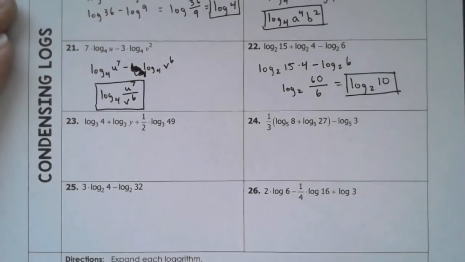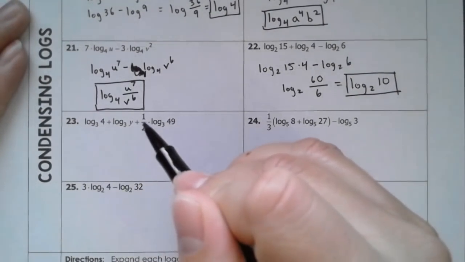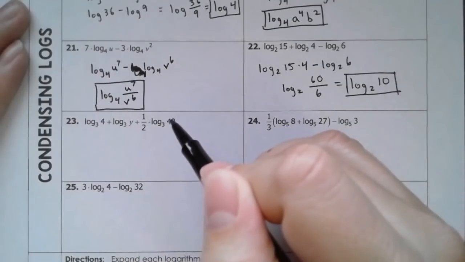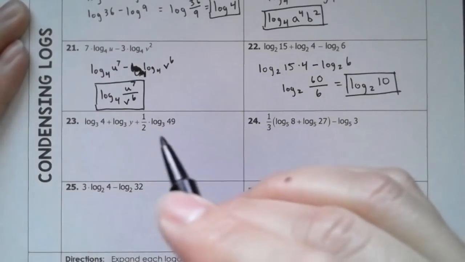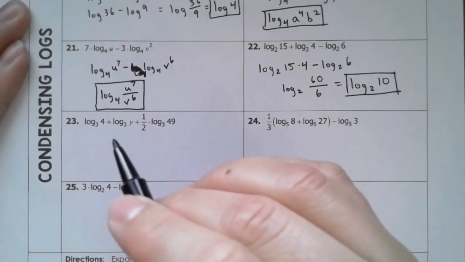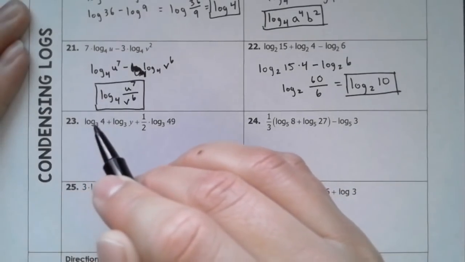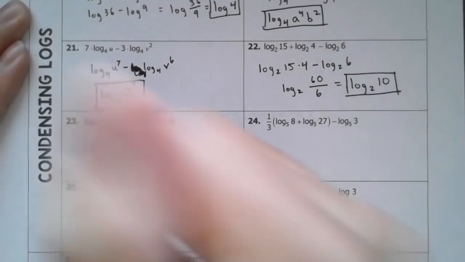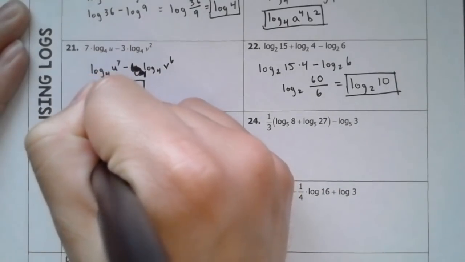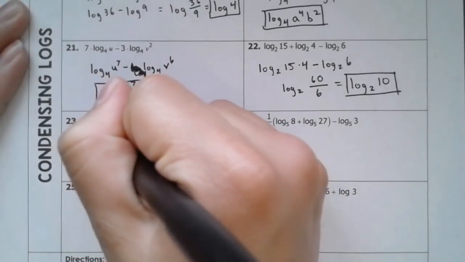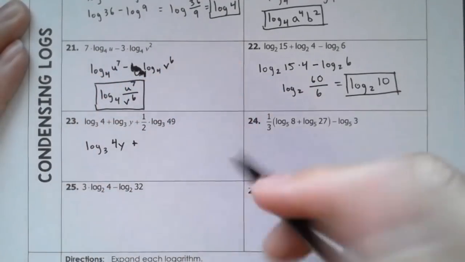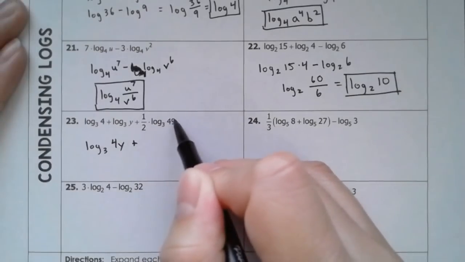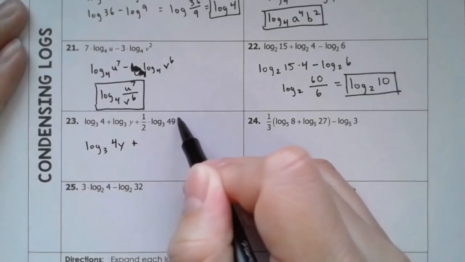23, 3 logs again. I have one that has a constant in the front, so I'm going to move this as the exponent, and then let's rewrite the first 2 here. So log base 3 of 4 plus log base 3 of y, we have multiplication, so I can rewrite this as log base 3 of 4y plus, then if I move the half to the exponent here, I get 49 to the half.